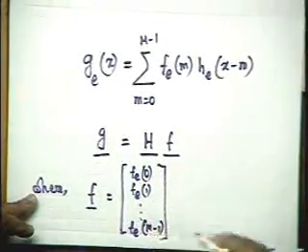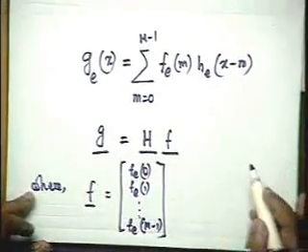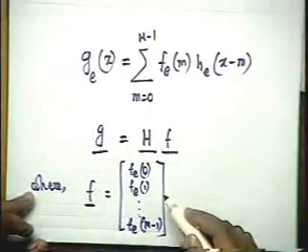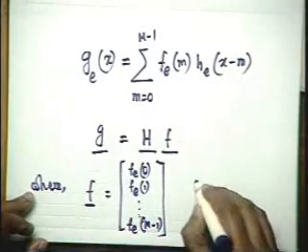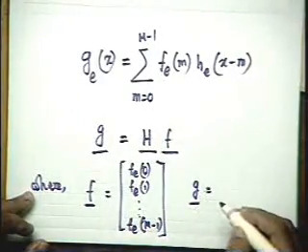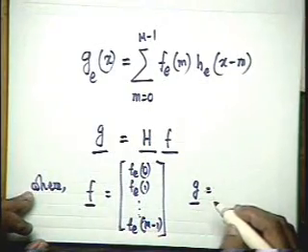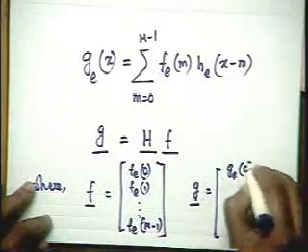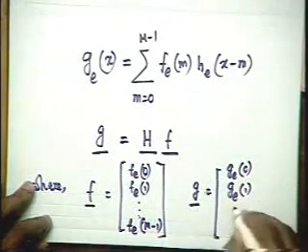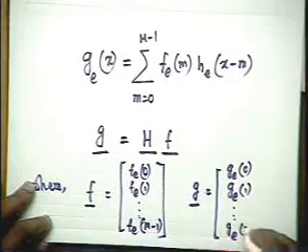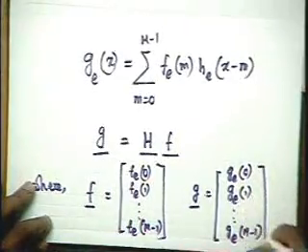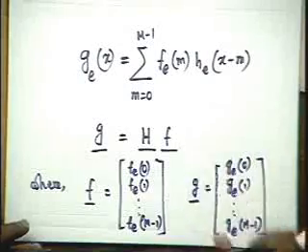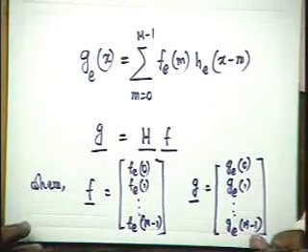So this is going to be the f vector, that is to say the samples of the original image. And g stands for the degraded function. Let us not call it an image because we are taking only the one-dimensional case. So the g vector can now be written as g e 0, g e 1, etc., up to g e capital M minus 1. These are going to be the elements of the g vector.